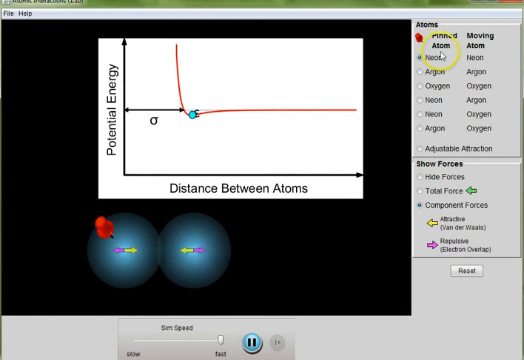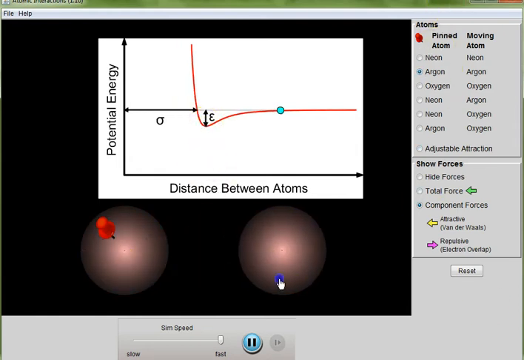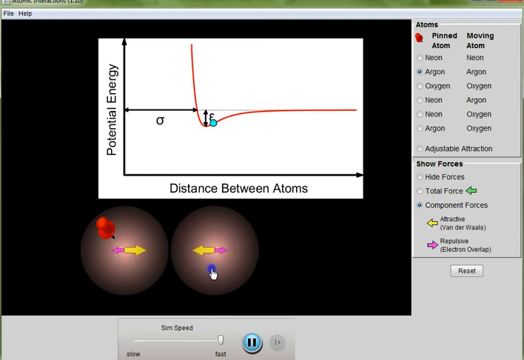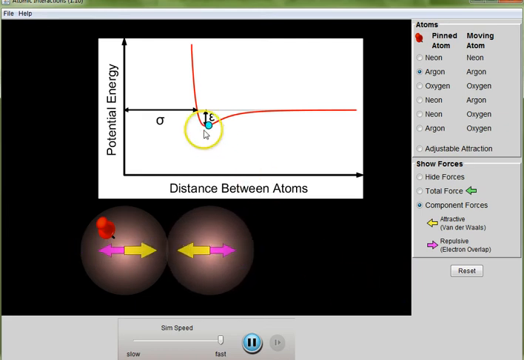Take another example here, argon. You can see here the dip in the potential energy is slightly larger than for the neon molecule, but the idea is the same: molecules form bonds so that they can have a lower potential energy.